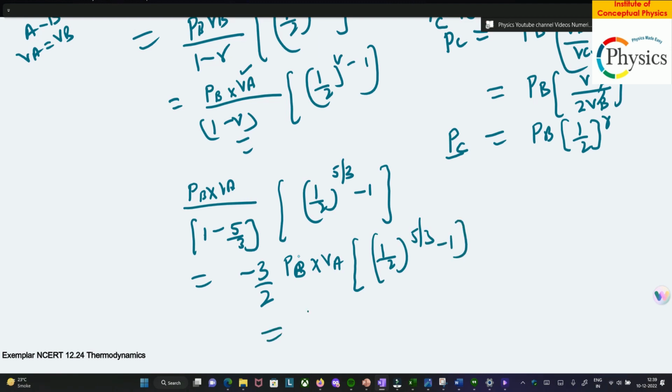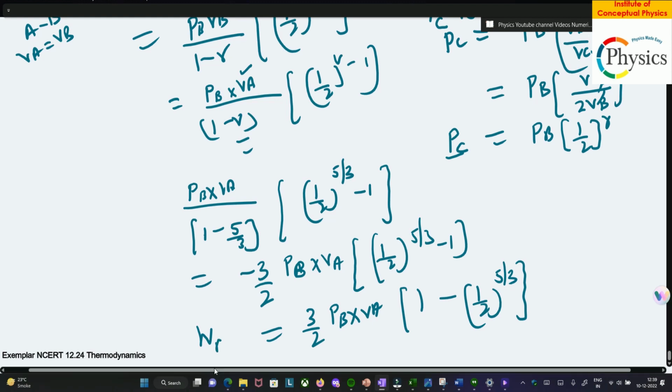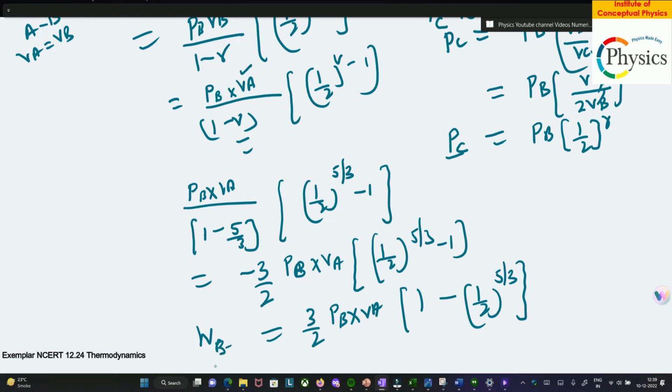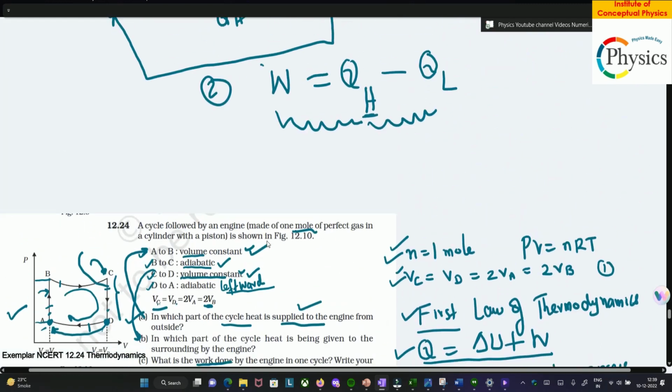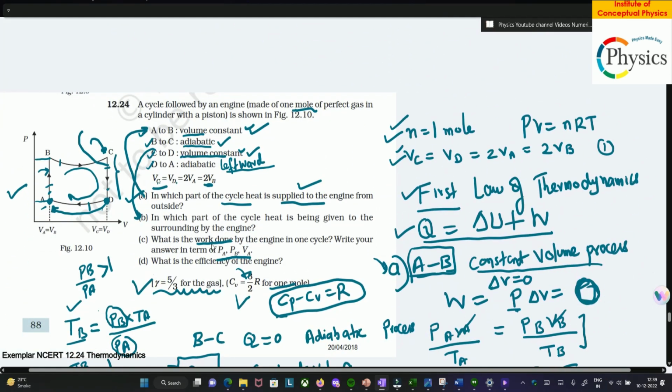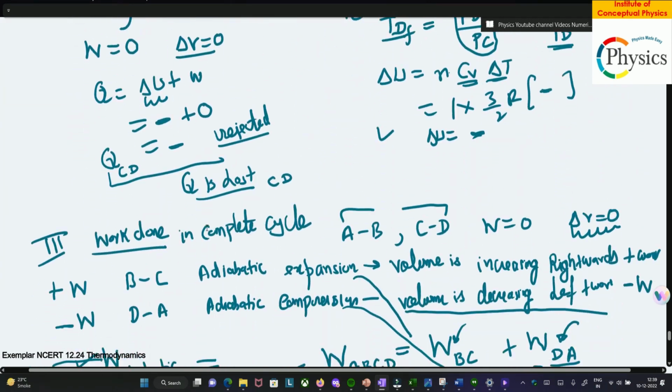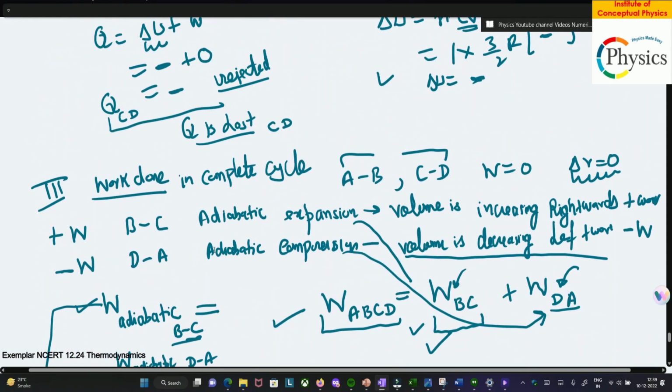I will take the negative sign inside: 3 by 2 PB into VA, 1 minus (half)^(5 by 3). This is your work done during B to C. You can see I've got the answer in VA and PB, and you were to express the answer in terms of PA, PB. So you have been successful. This is one work done, which is the adiabatic expansion.